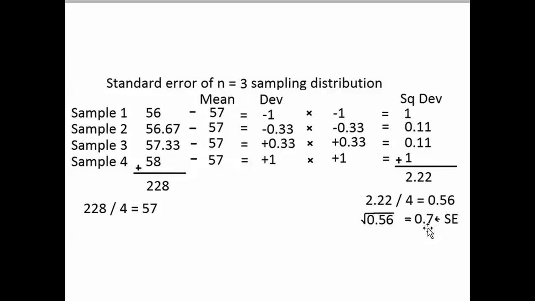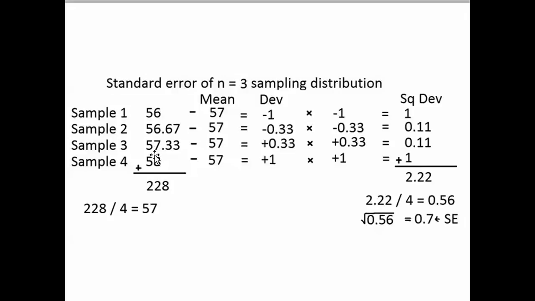What this standard error is saying is that on average, these sample means are 0.7 off target from the population mean. Back when we were using a sample size of 2, we noticed that on average, the possible samples were 1.29 off target.